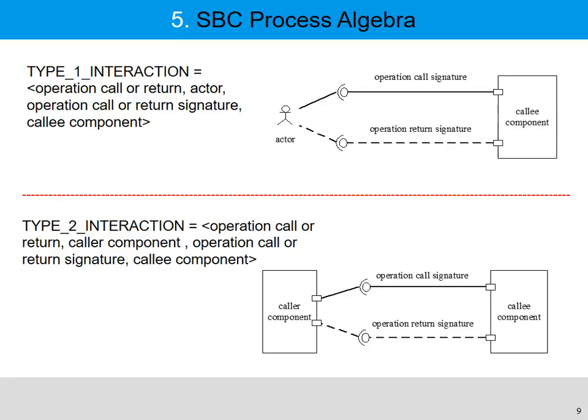Type 1 interaction is an interaction between an outside actor with the COE component. And type 2 interaction is an interaction between the caller component and the COE component.